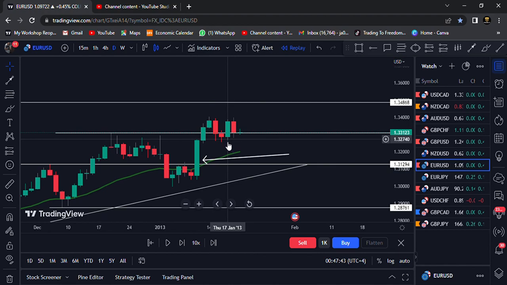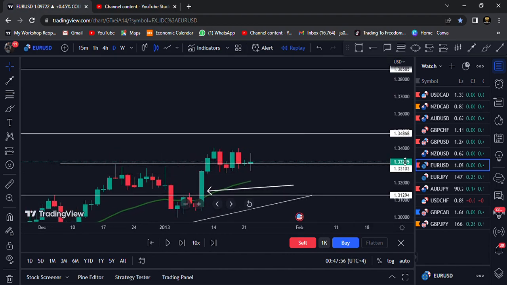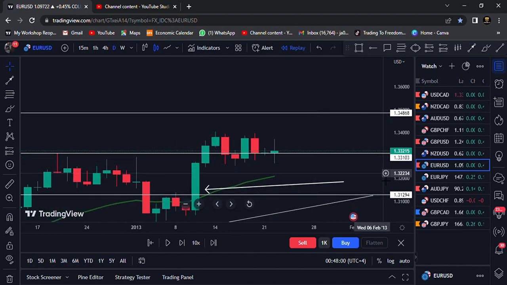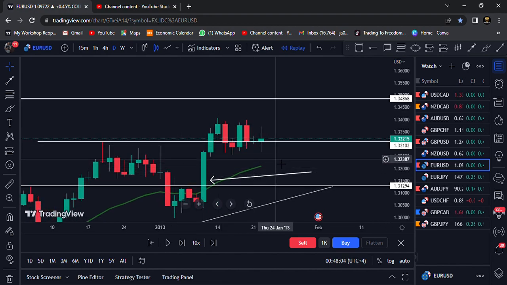Buying here with this one, it's not a signal, it's not a buy confirmation. And this was not a hammer, by the way. So we can now say this is somehow a buy confirmation. Though not a strong one, it's better than this one. So now guys, we have our buy confirmation here.